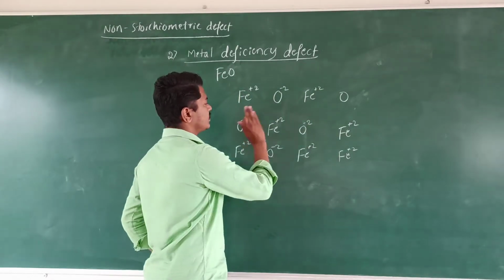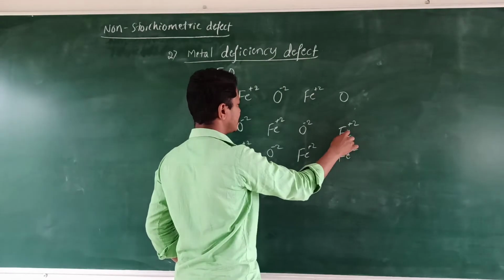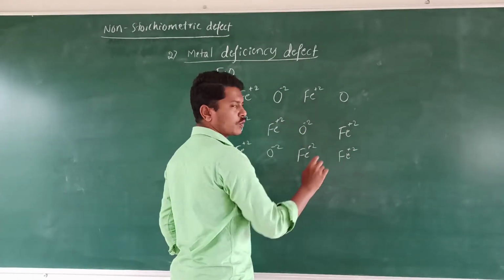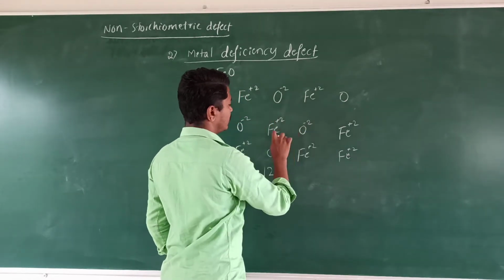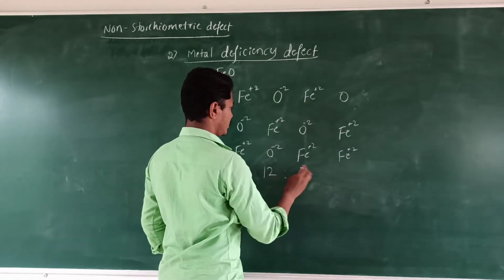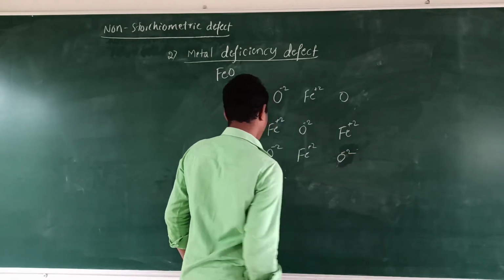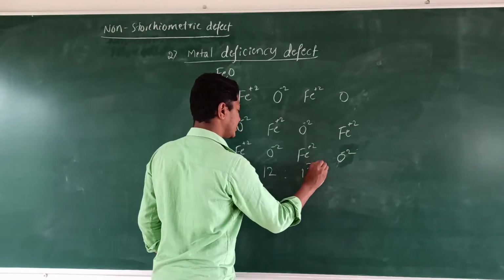See here, the charges are 2, 4, 6, 8, 10, 12 positive charge and 12 negative charge, isn't it?